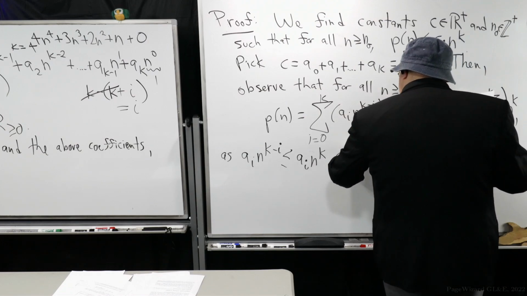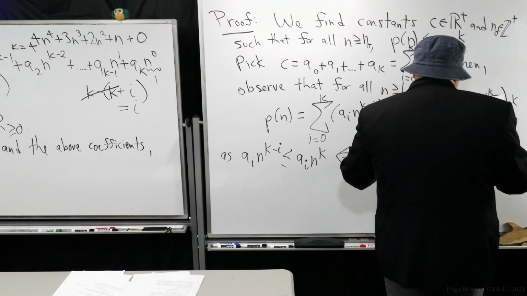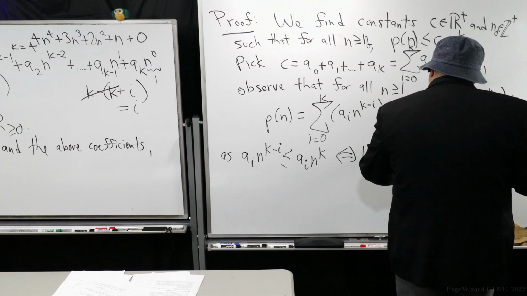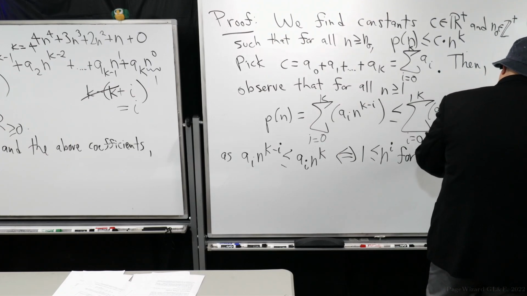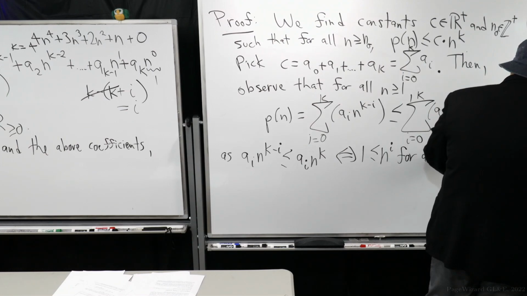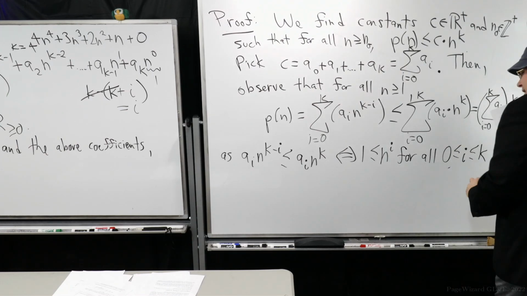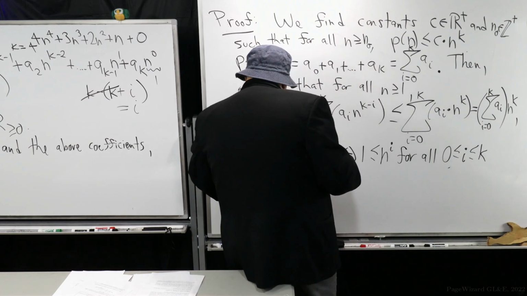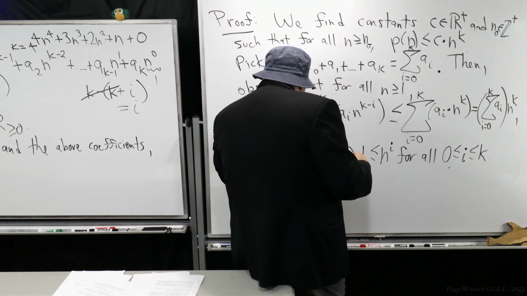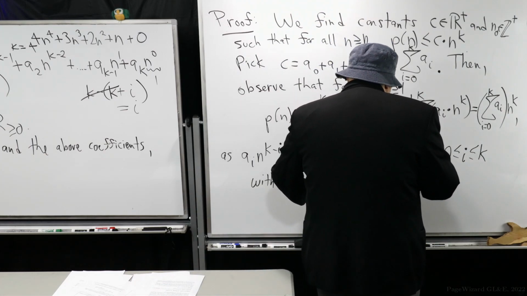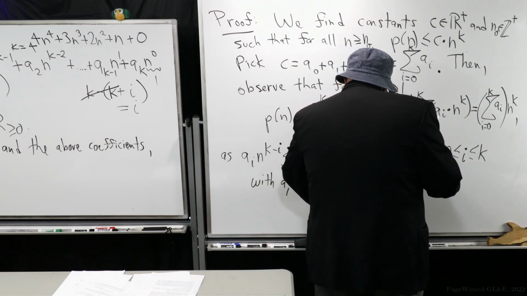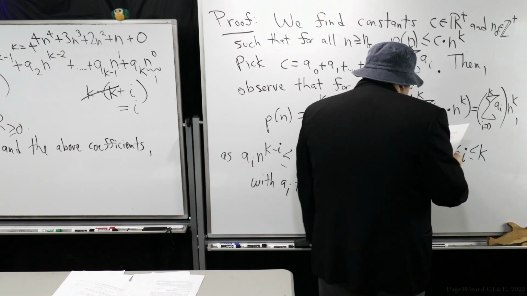So that means that 1 is less than or equal to n to the power of i. But this is for all 0 less than or equal to i less than or equal to k, where the coefficient is not equal to 0, and it is the case for n greater than or equal to 1.